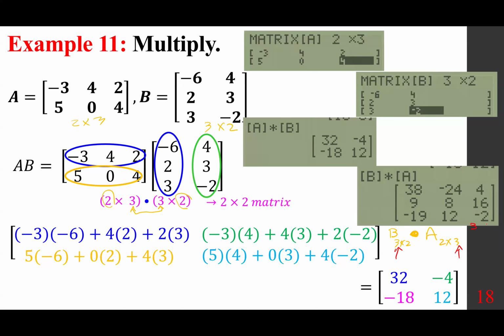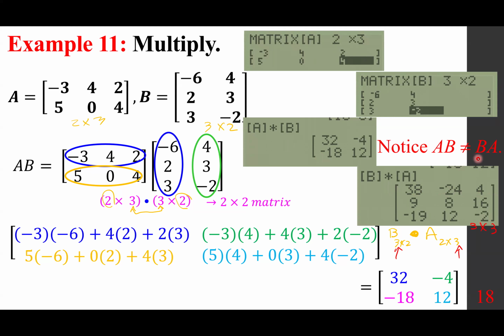and the result will be 3 by 3. So B times A is a 3 by 3 matrix, whereas A times B is a 2 by 2 matrix. Completely different. So AB and BA are not the same.